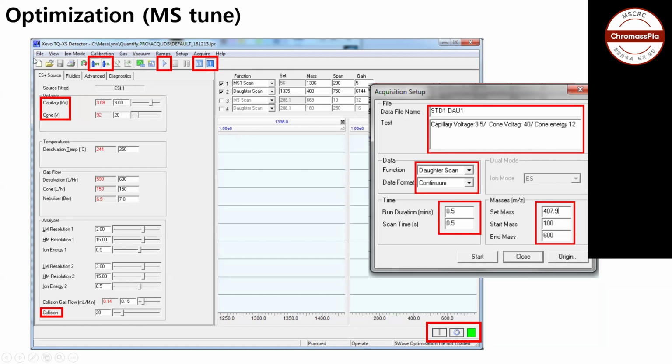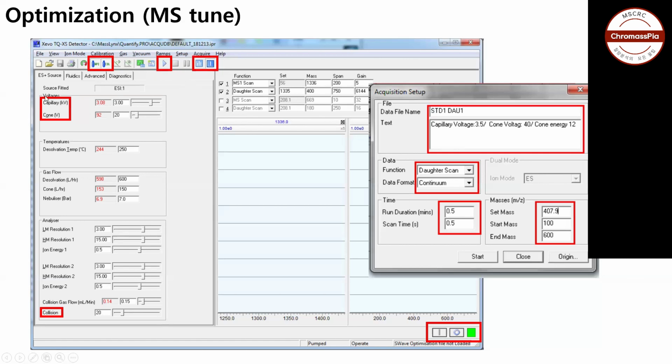In the highest line, there is API and collision gas. Just turn on these two gases, and this button is MS mode. When we are just finding the capillary and cone voltage, we can just turn on the API and the MS mode.